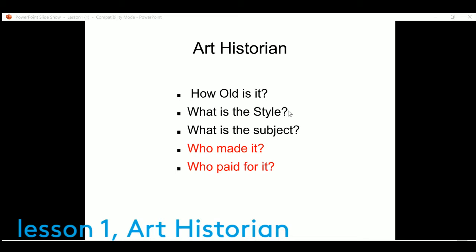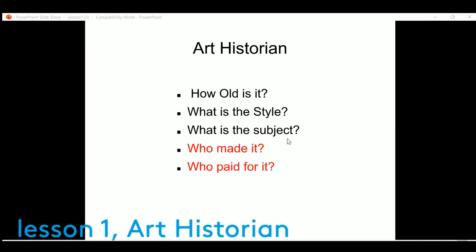But usually, they would always document an artifact whenever they discover it. So usually we would check for the age of the artifact, how old it is, and the style of the artifact. It can be very similar to the original style, or the style can be very much different from one timeline to another timeline.